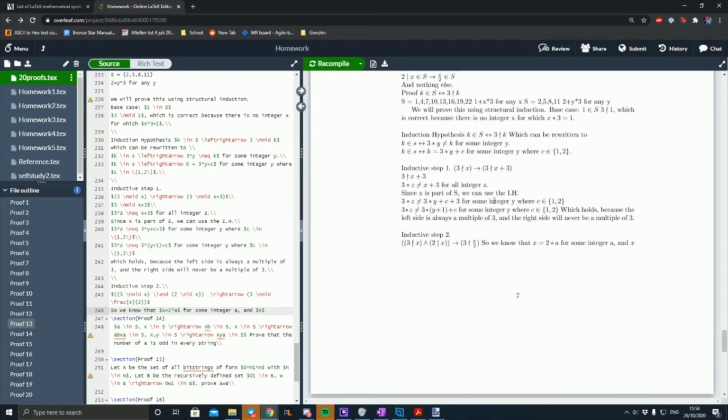Wait, do we even... Okay, so we know that x equals 2a for the integer a, and x is equal to, and then I can copy the part here.